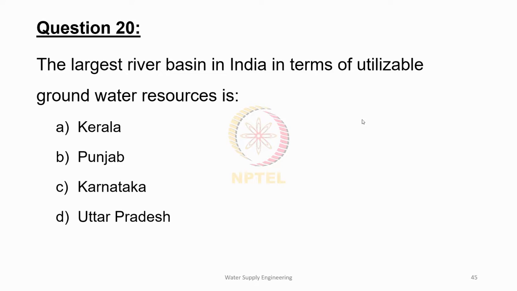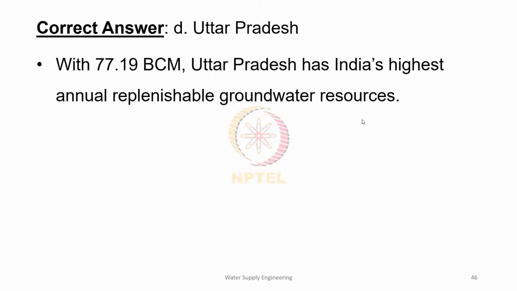Okay, so we'll see. It's Uttar Pradesh. It has around 77.19 billion cubic meter annual replenishable groundwater resources. So the answer is option D actually.